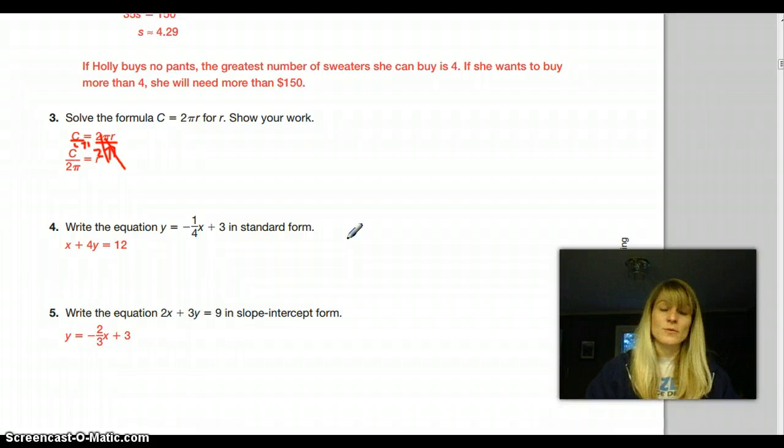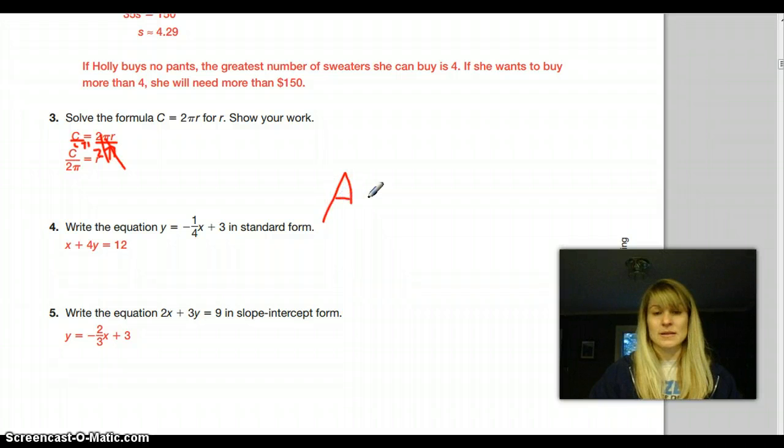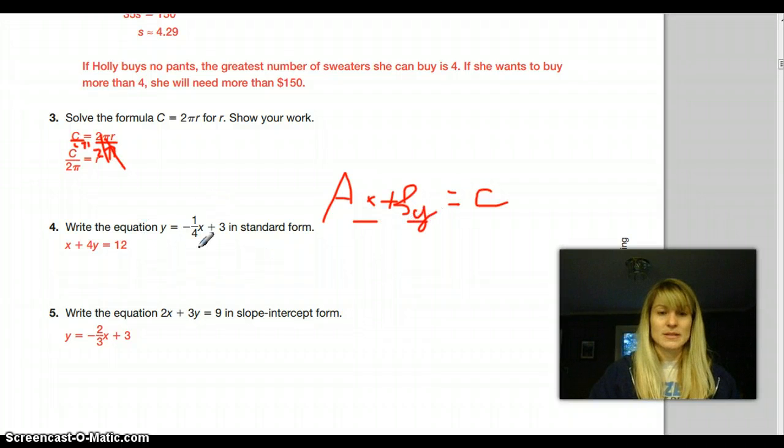Write in standard form. Again, standard form is Ax plus By equals C. So X and Y are on the same side. All I want to do is get this to the other side. And we worked on this in class today.